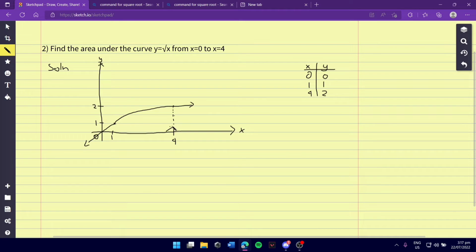So this is your area. Next, we'll plot our vertical strip. So put a point here, and then this is your xy, and this is the start of your vertical strip. So this is now your vertical strip.